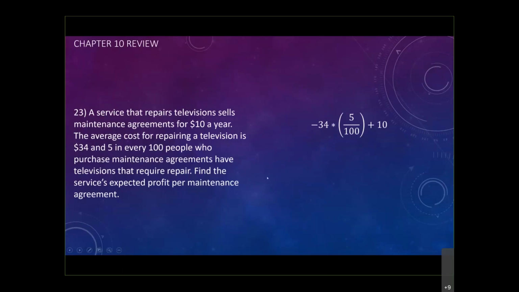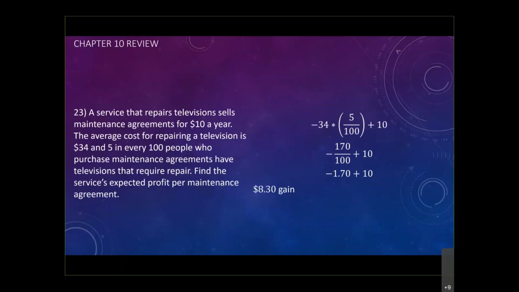We take the amount, multiply by the probability, and then add or subtract whatever we have left. 170 divided by 100 gives 1.7, and 1.7 plus 10 is an $8.30 gain.